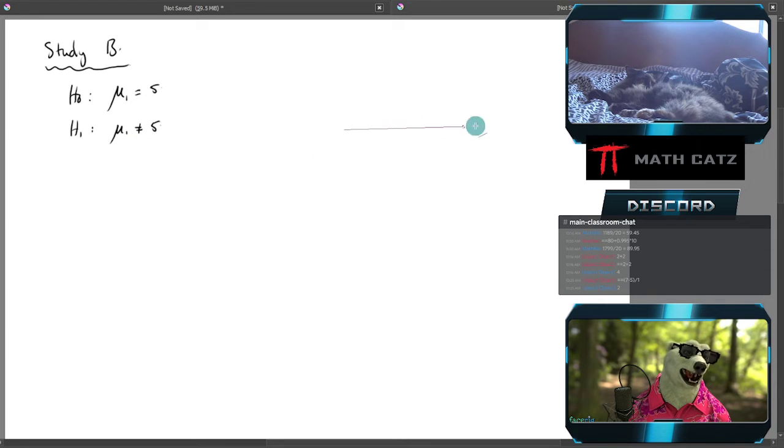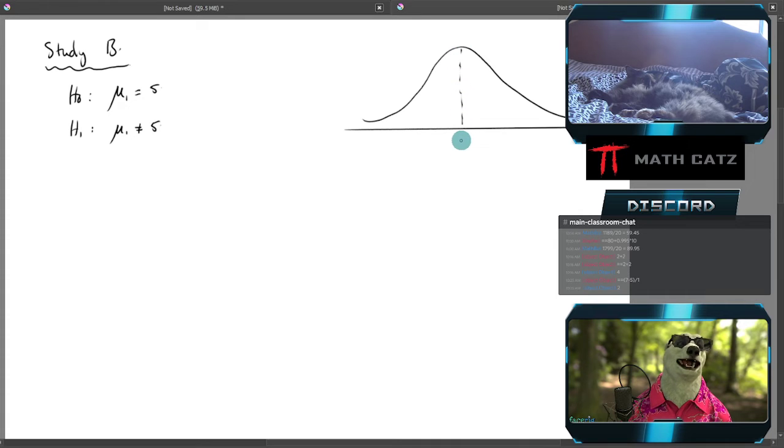So if I visualize the situation here, we have a normal distribution. Under the null hypothesis, we have a mean of 5, or of course a z-score of 0. And now we have a two-tailed test, so we're going to have two cutoffs on either side.